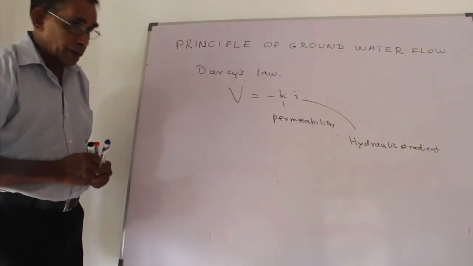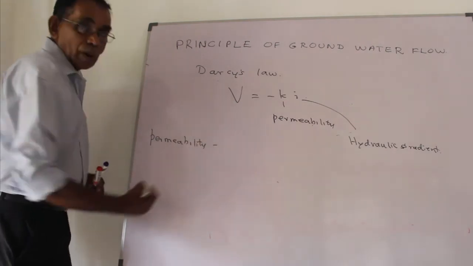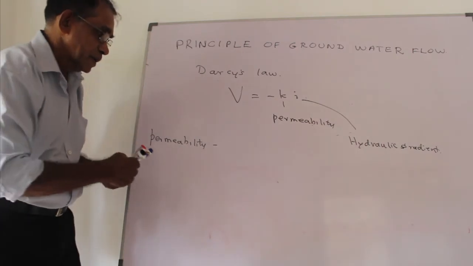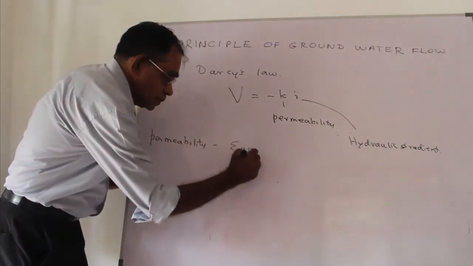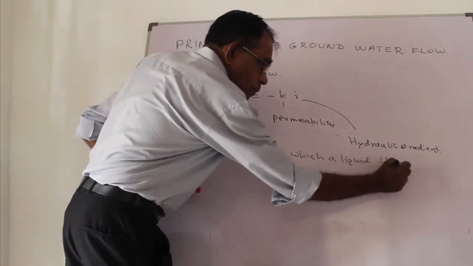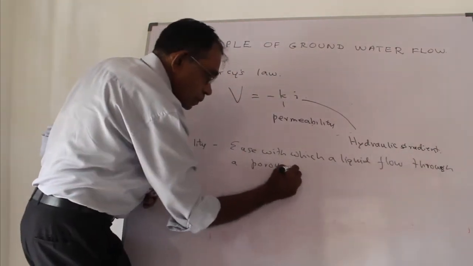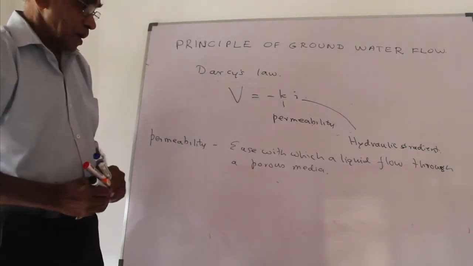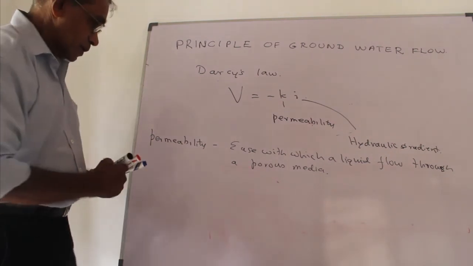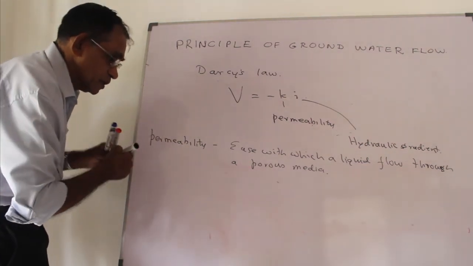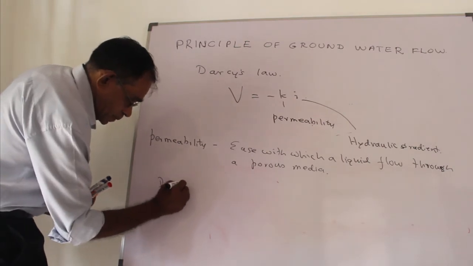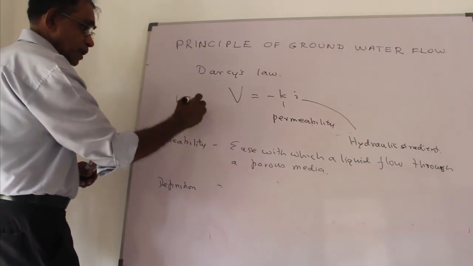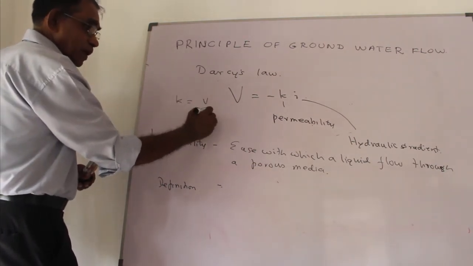Now we talk about permeability. The normal English meaning of permeability, as you know, is the ease with which a liquid flows through a porous media. But in the scientific definition, when you take this to one side and put the other to the other side, it will be velocity divided by i.